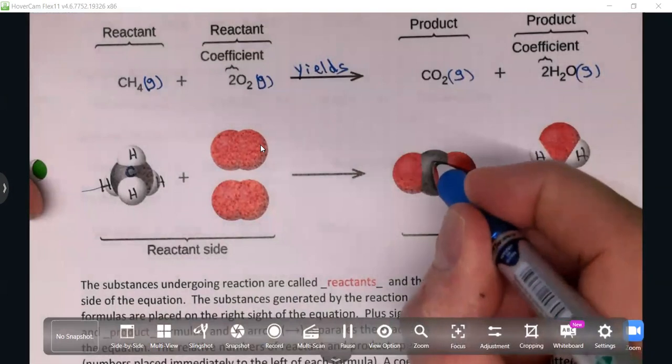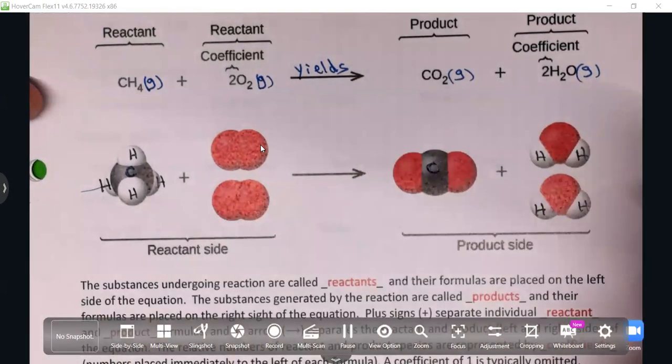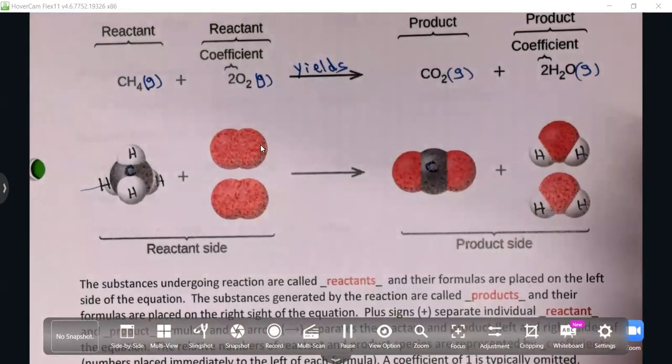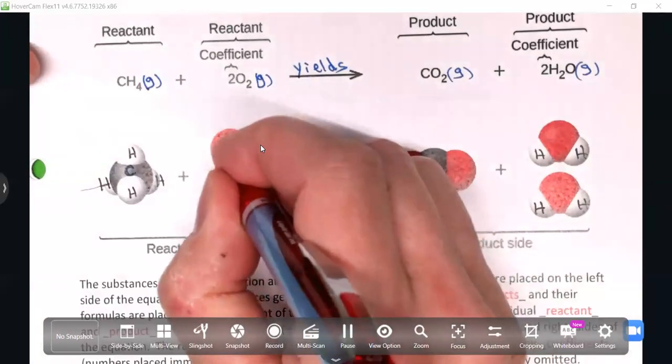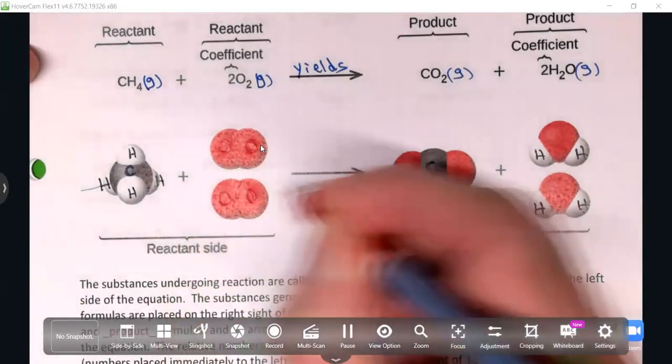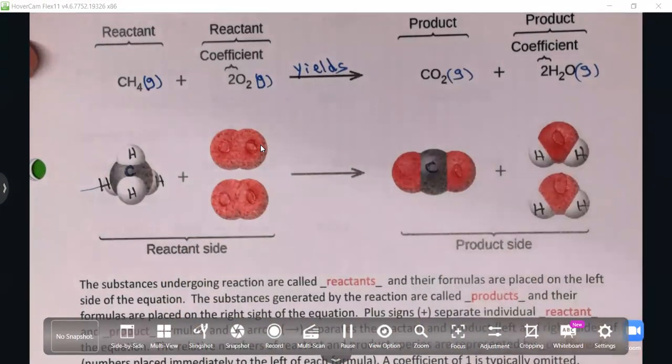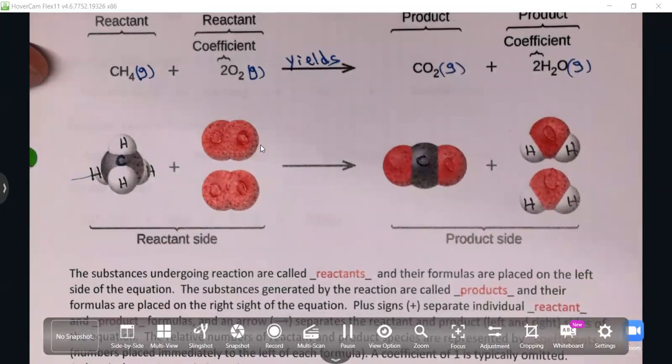And this is my carbon again. And oxygen, of course. I don't know if this red's going to show up. Oxygen, oxygen, oxygen, oxygen, oxygen. So the question is, is this reaction balanced?